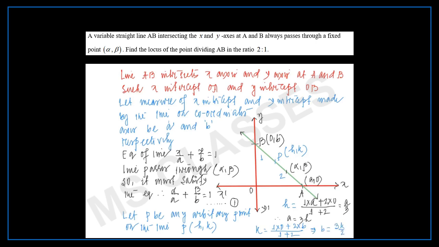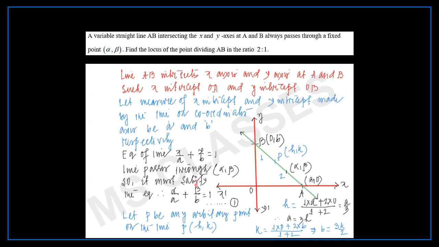So we have got A, we have got B. Now this A and B will satisfy equation 1. A and B is definitely satisfying equation 1, so we can just replace A and B. Why? Because our intention is to get an algebraic relation between H and K using this geometrical condition.